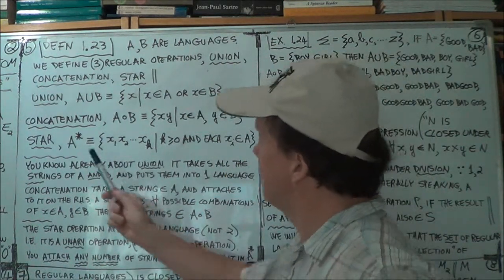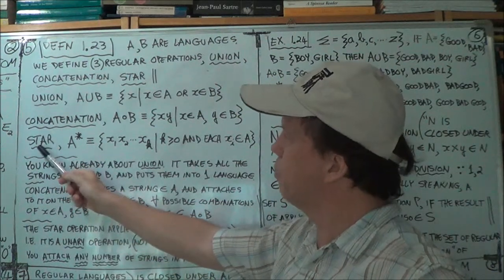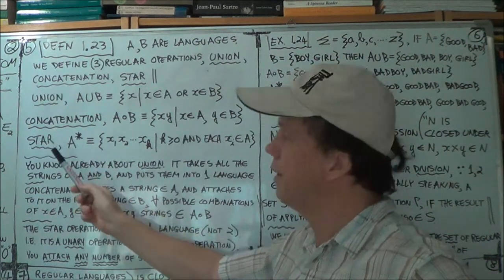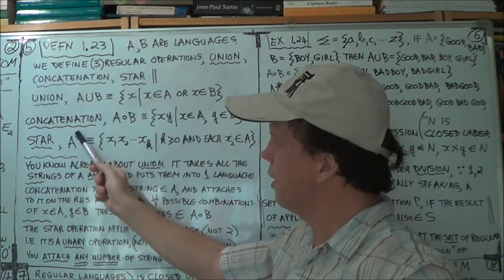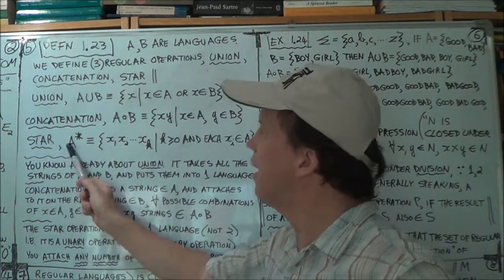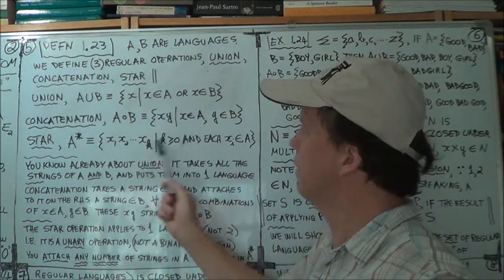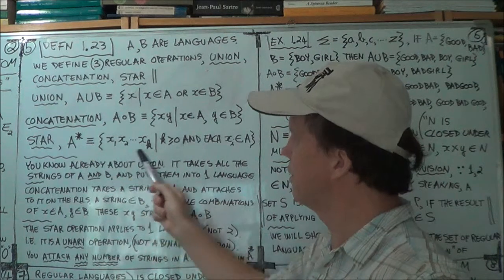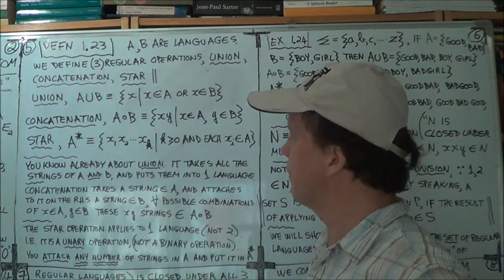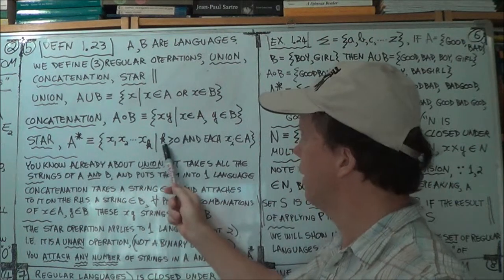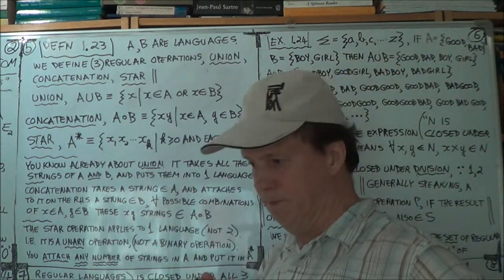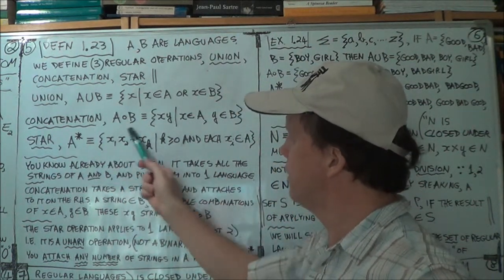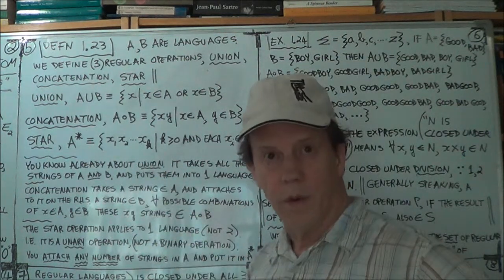All right, and similarly, the star operation. It's a unary operator. The language A star that you get by starring A is all possible combinations of concatenations of any length. Your concatenated string can have any length, so long as there's no limit on k. So this set of all these elements is also regular.